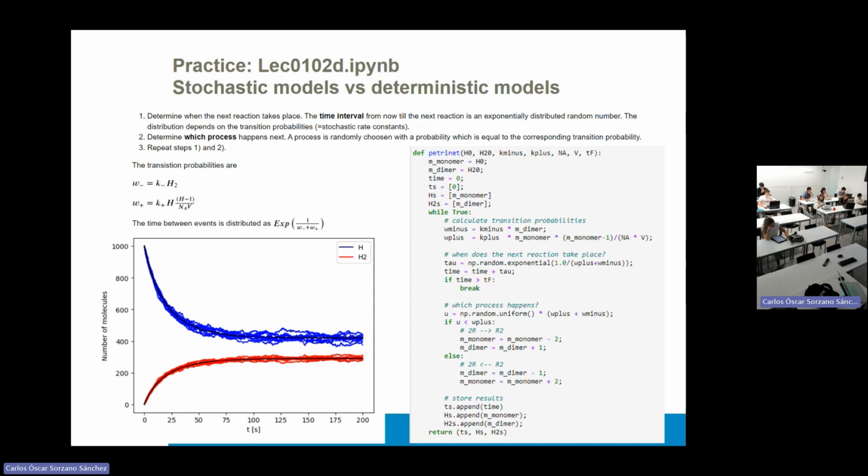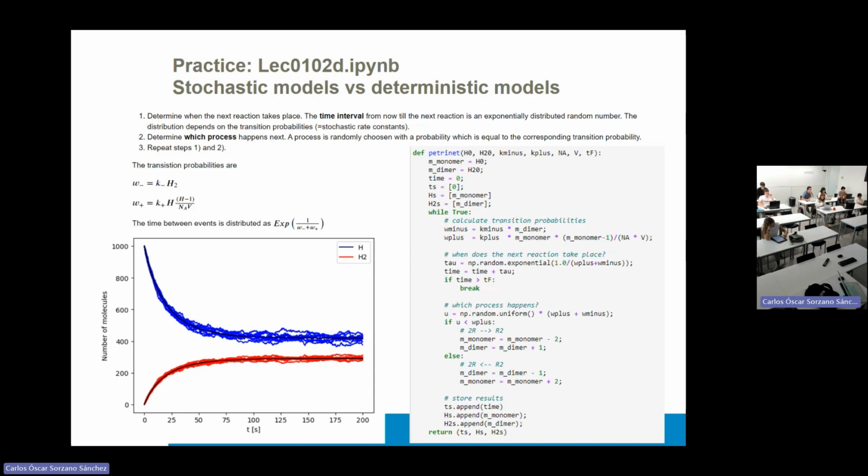So atoms are floating around, and the molecules are also floating around, and an event has just happened. So an event is either two atoms becoming a molecule or a molecule dissociating. What is the time until the next event happens?